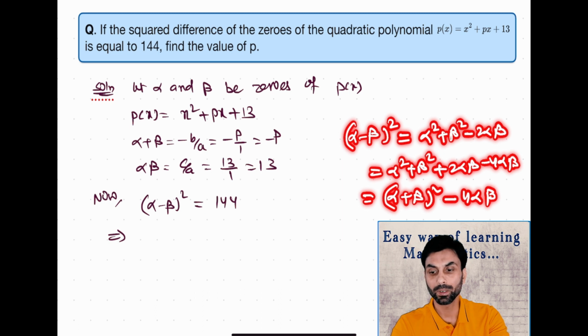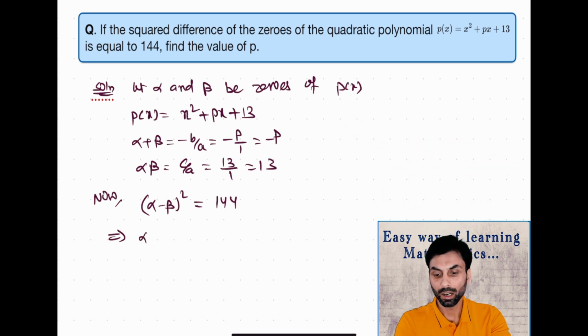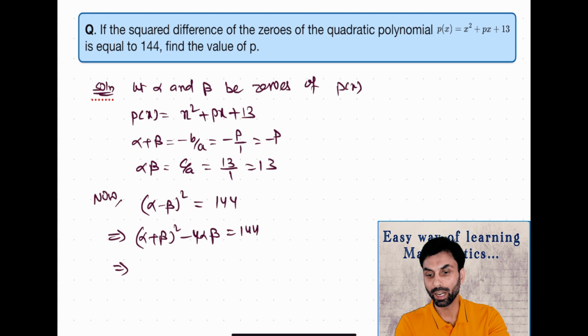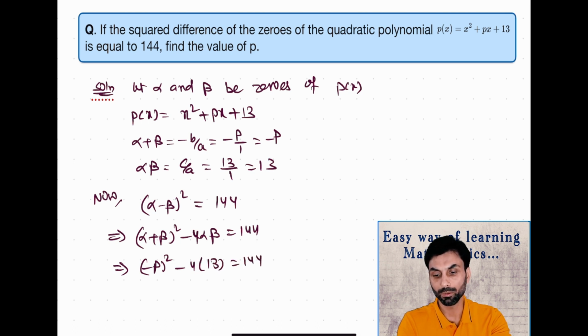So using that expression, we can write (alpha plus beta) whole square minus 4 alpha beta equals 144. And since the alpha plus beta value is minus p, we can substitute here, minus 4 into the alpha beta value, which is 13, equals 144.